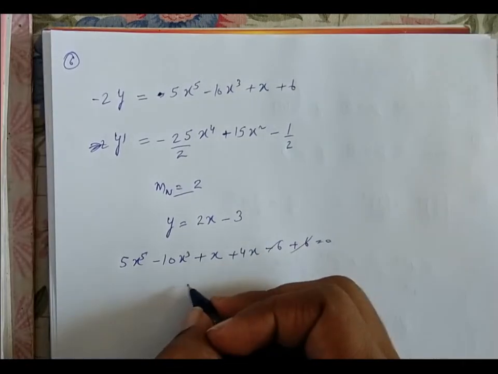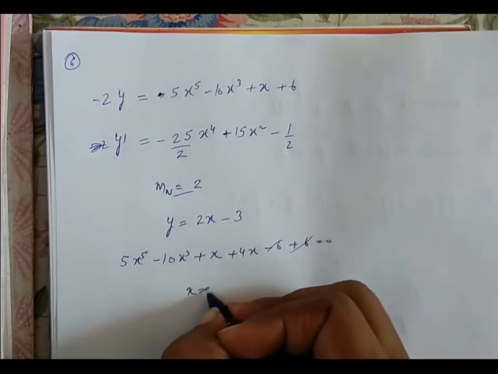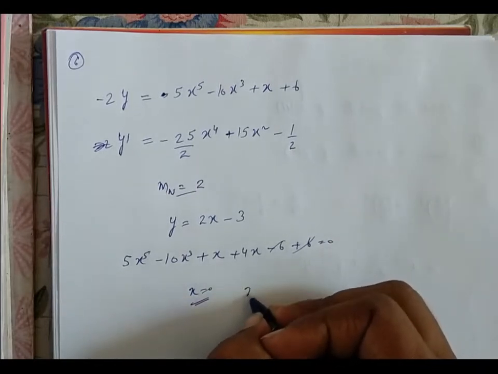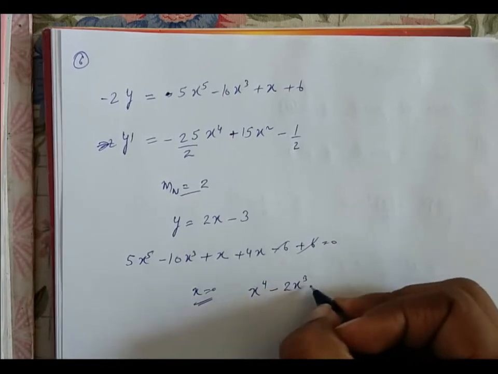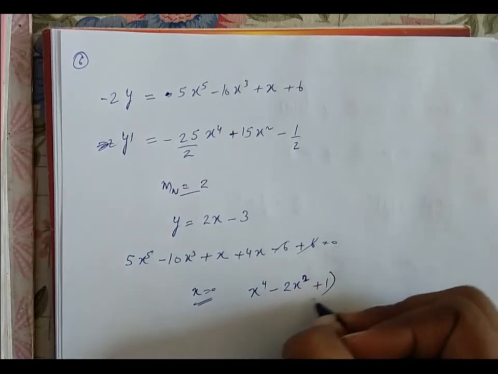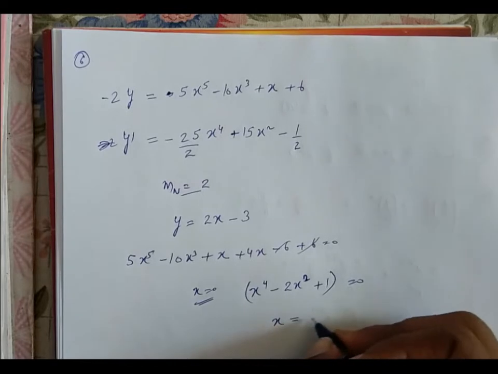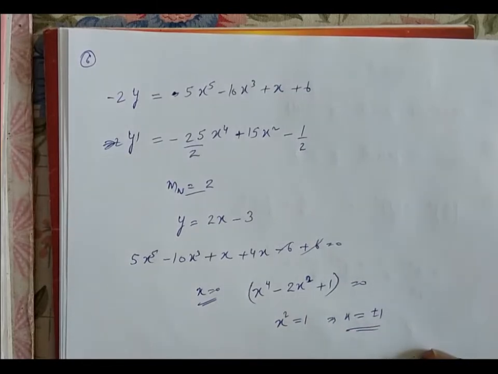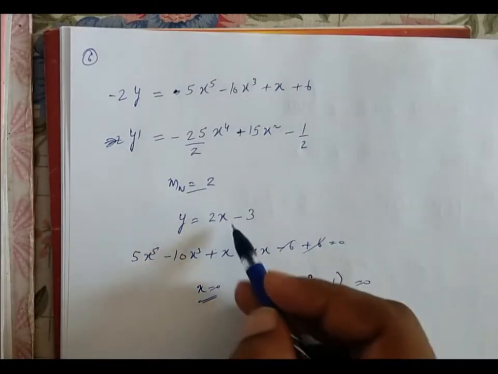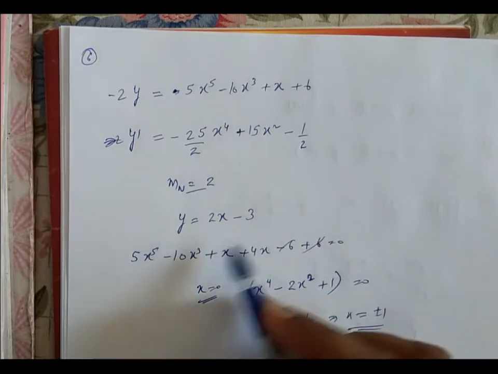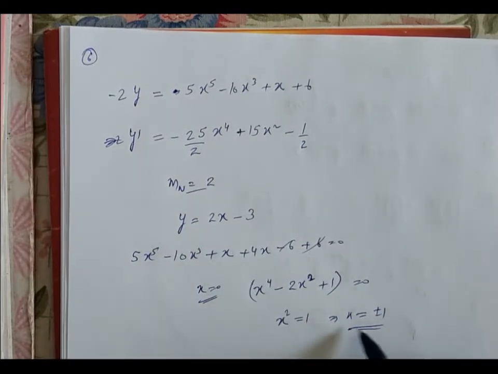Okay, so one root is x is equal to 0, and for the rest we get x power 4 minus 2x square plus 1 is equal to 0. So x square is equal to 1, x is equal to plus minus 1. So the normal to this curve at the point 0, minus 3 intersects the curve again at x is equal to plus minus 1.